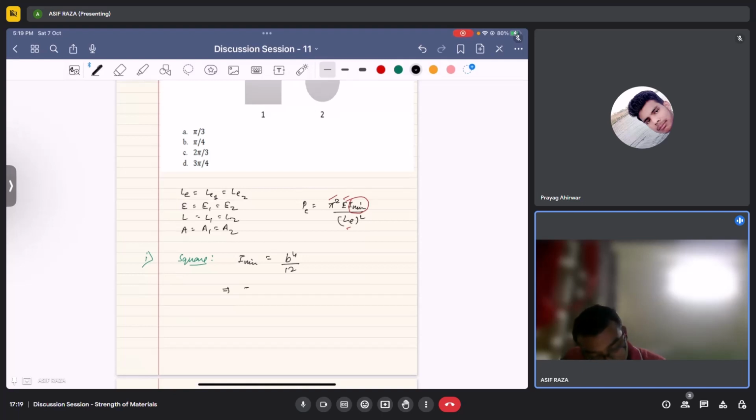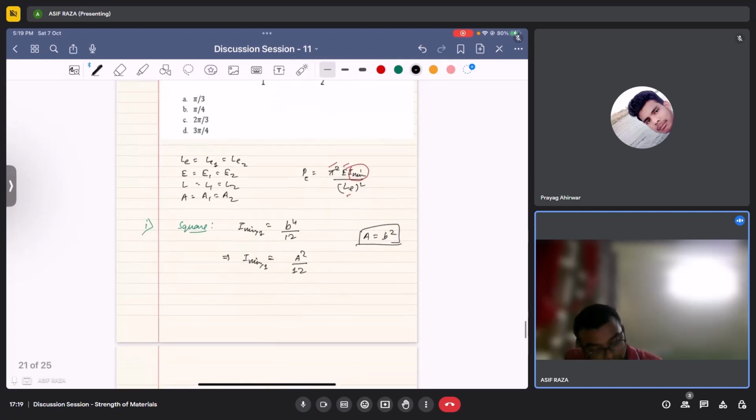So I can further simplify I minimum as A square upon 12, because A is equal to b square. Thus my P1 is pi square E A square upon 12 LE square. Okay, first thing.